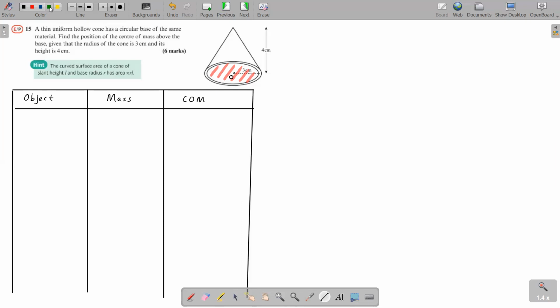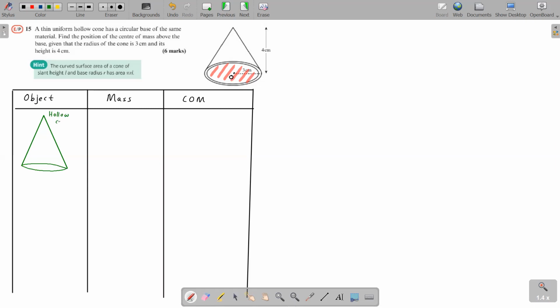So the first object, guys, let's take the hollow cone. Okay, so what you do here is let's take the cone as the first object. So this is the hollow cone, the first one.